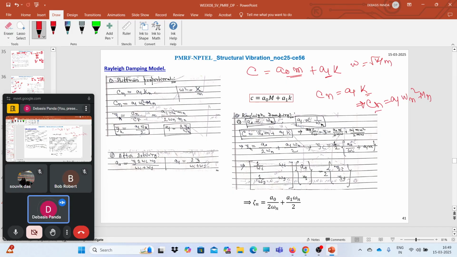So ultimately we can write Cn in terms of zeta. We know that zeta is nothing but C by CCR.